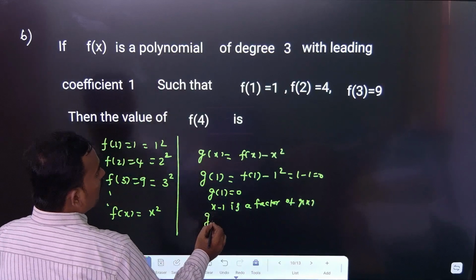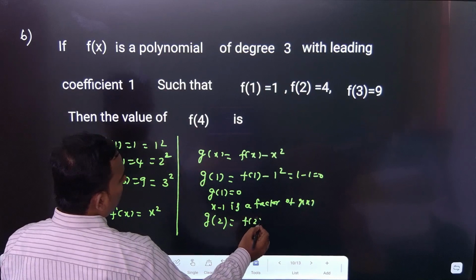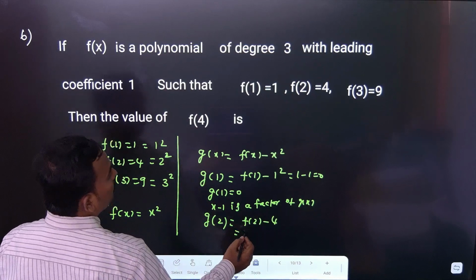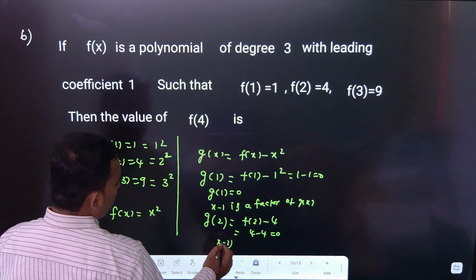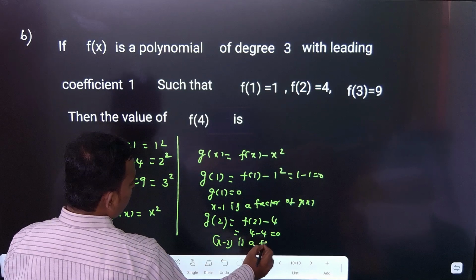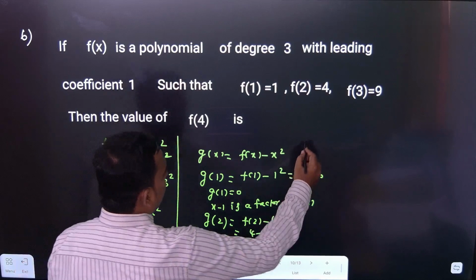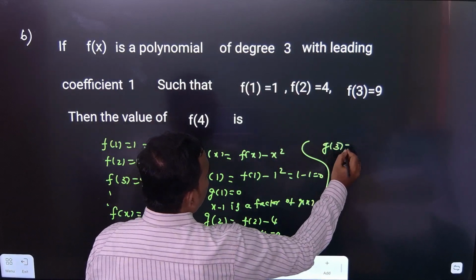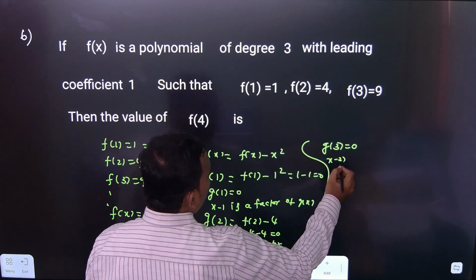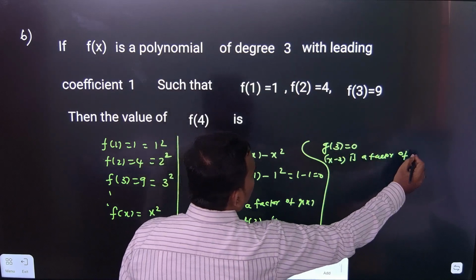Same way, g of 2 you can substitute. g of 2 is f of 2 minus 4. f of 2 is 4, 4 minus 4 is 0. So definitely x minus 2 is a factor. Same way, you can substitute g of 3, that is also 0. x minus 3 is a factor of g of x.